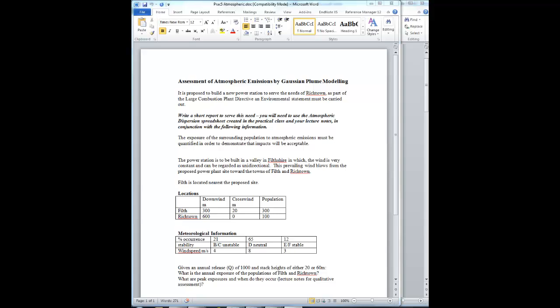Anyway, the exercise is, in this case, the assessment of atmospheric emissions by Gaussian plume modelling. This type of atmospheric emissions modelling is typically the sort that's carried out in most consultancies. It relies on the little bit of mathematics that you've been covering so far, which is looking at the normal distribution.